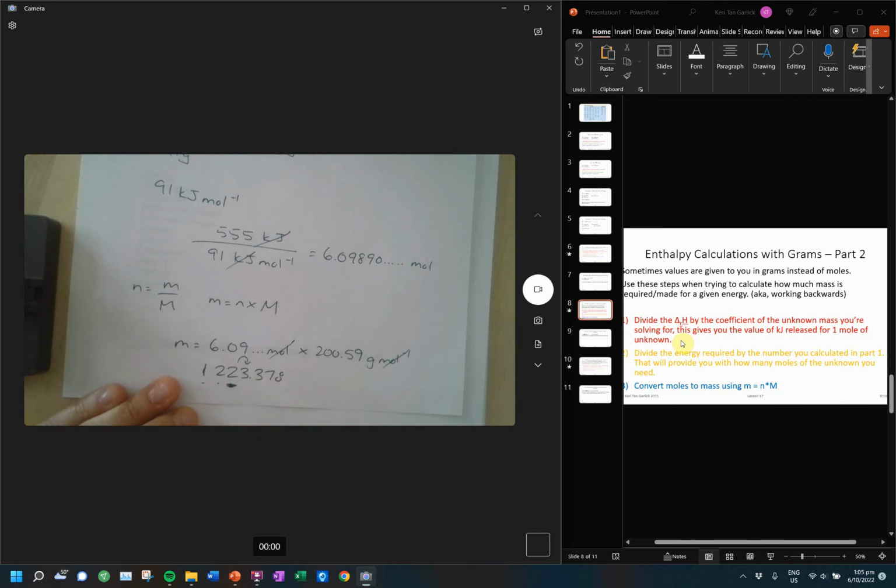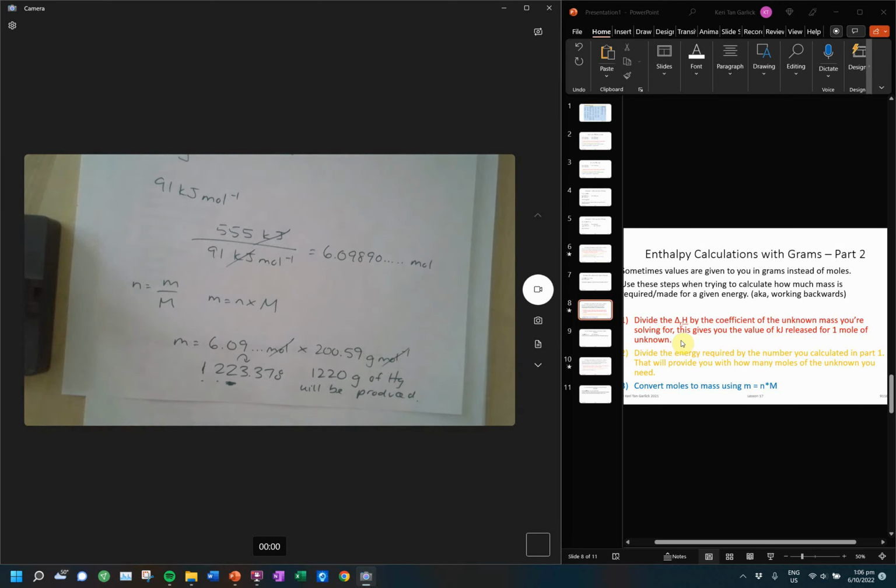I look over there, that's a 3, so I'm going to round down. So my answer would be 1,220 grams of Hg will be produced. And that's how I convert from my energy to grams. So just working in a different direction.